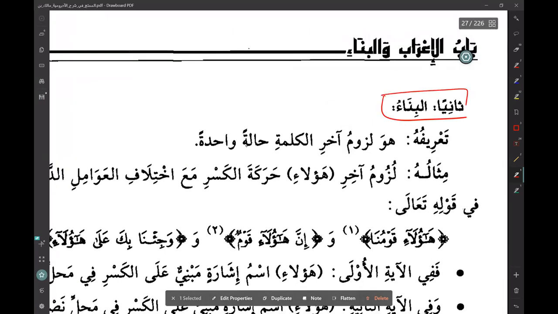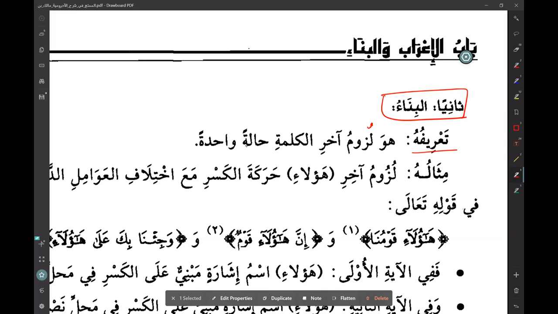So secondly is the bina'. Its definition: huwa luzum. Luzum means necessary, lazim, something very necessary. Here it's used for something that is stuck, something that is fixed.